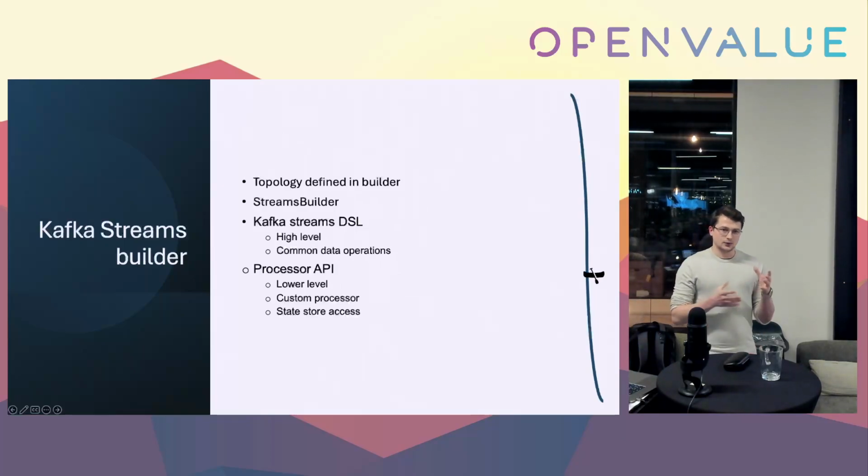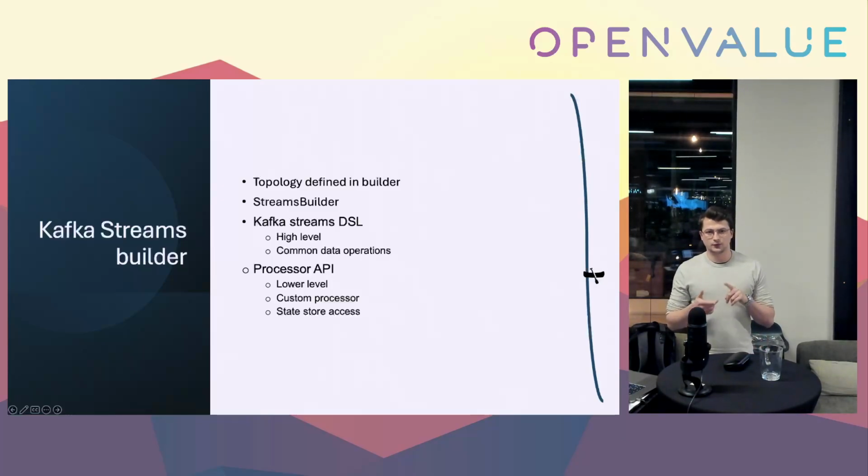So actually, how do you define everything? You define it by something called a stream builder, and the stream builder builds a topology. So StreamsBuilder is your class in Java, and based on that you can build the DSL, and the DSL is the high level where you can have the common data operations that you normally want.